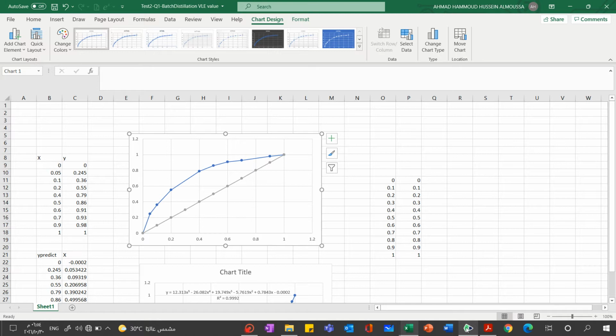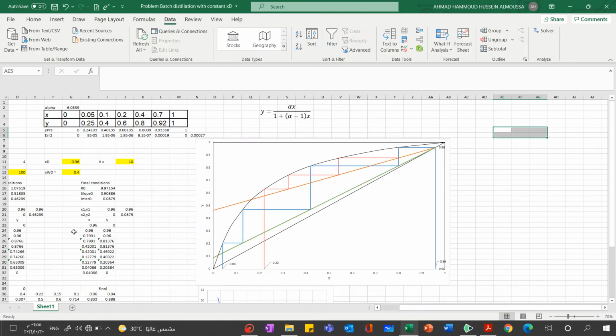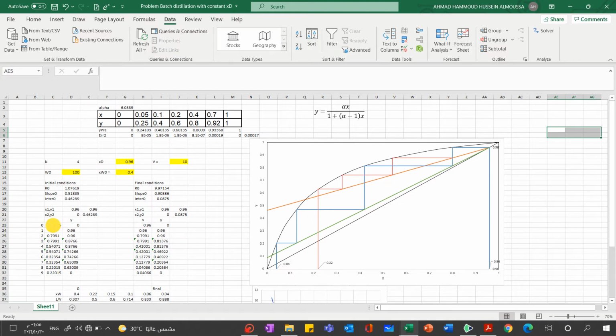So let's begin how to find it. If you remember from this Excel sheet, the x value used alpha and the previous y value to calculate the x value.